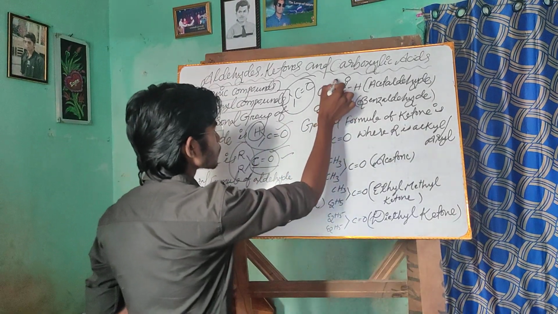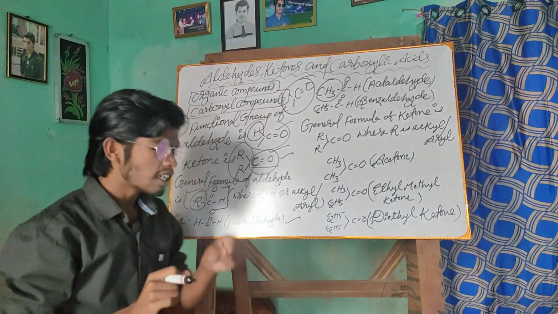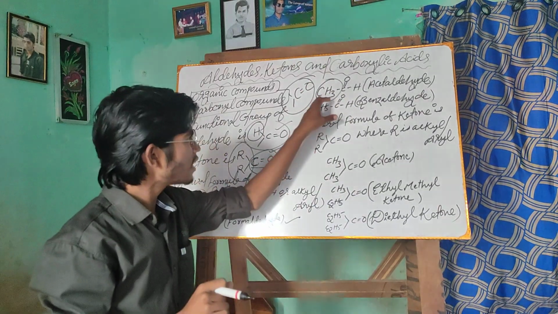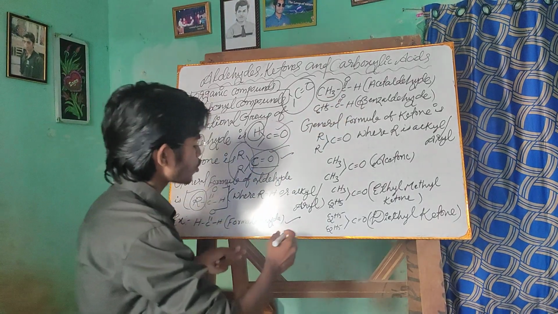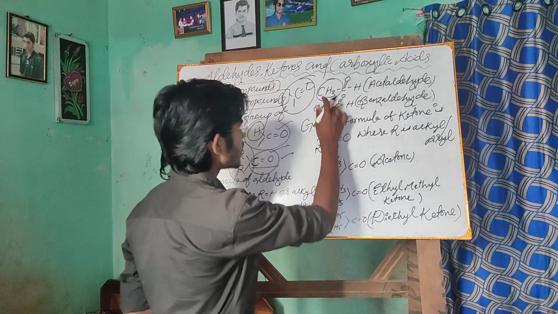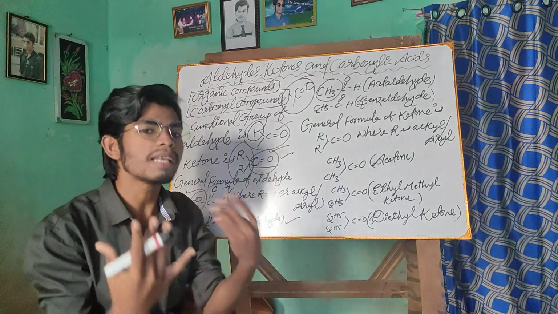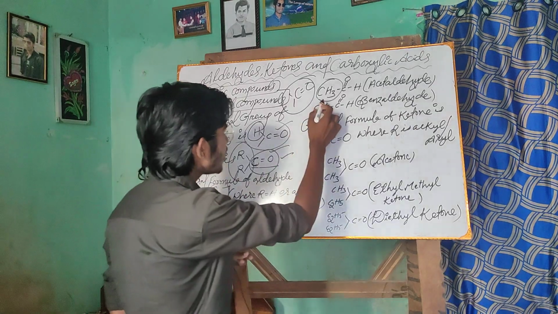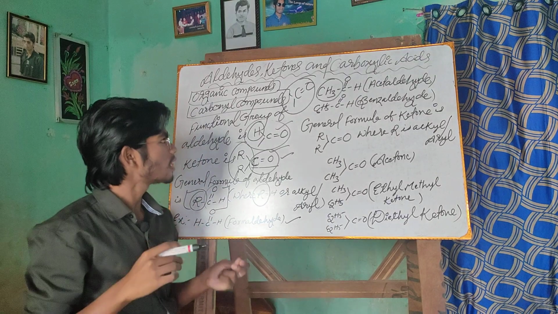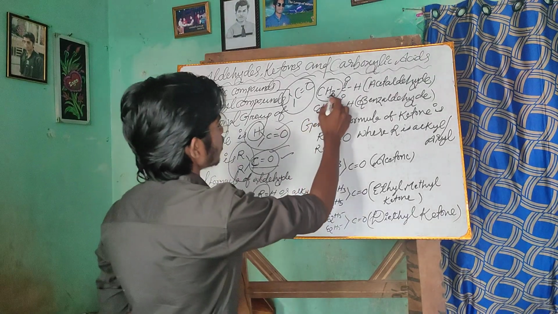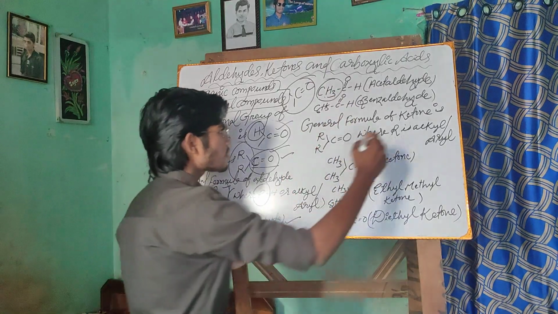Similarly, we have other examples. If you put the first alkyl group, that is the methyl group, CH3, then what happens? The first alkyl group is CH3. So what is the name of the CH3? CH3 means methyl. So when the methyl group is attached in the place of this R alkyl group, then CH3CHO is obtained, and what is the name of this one?